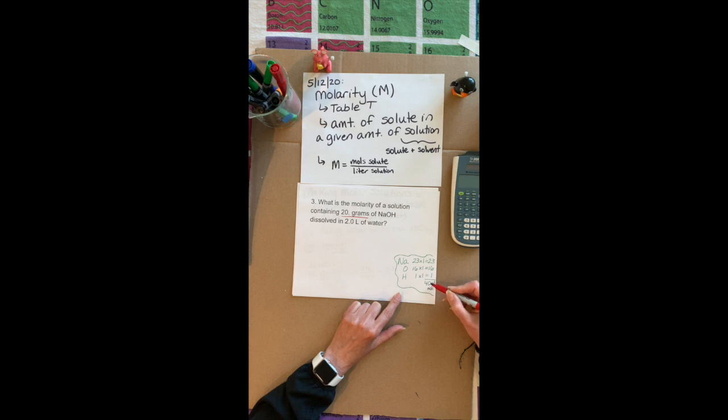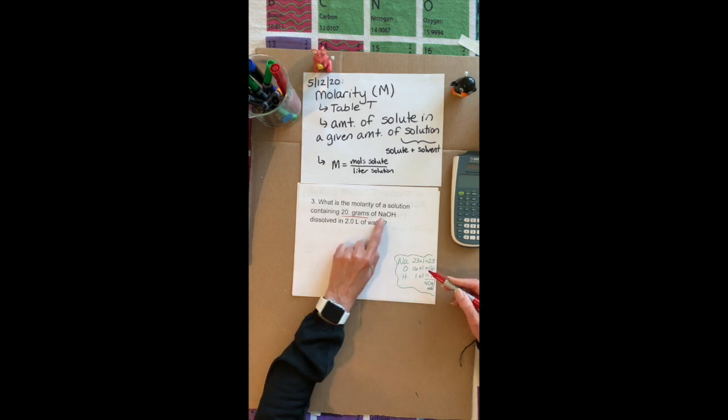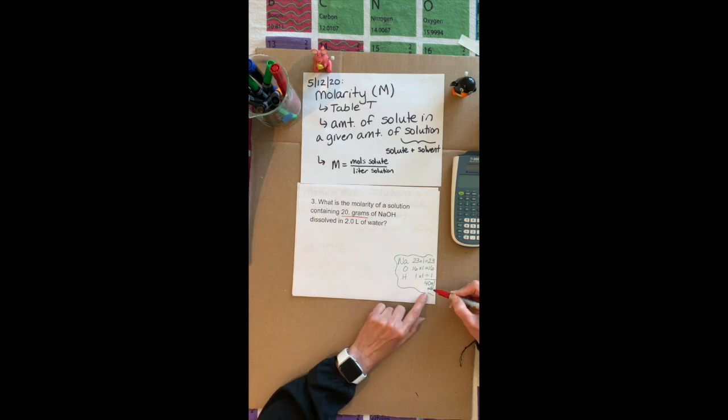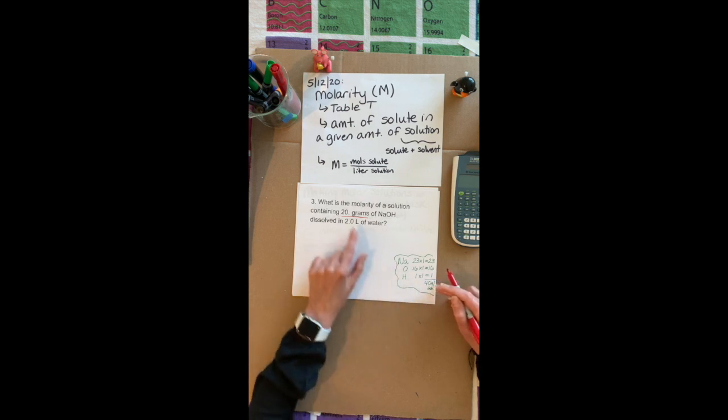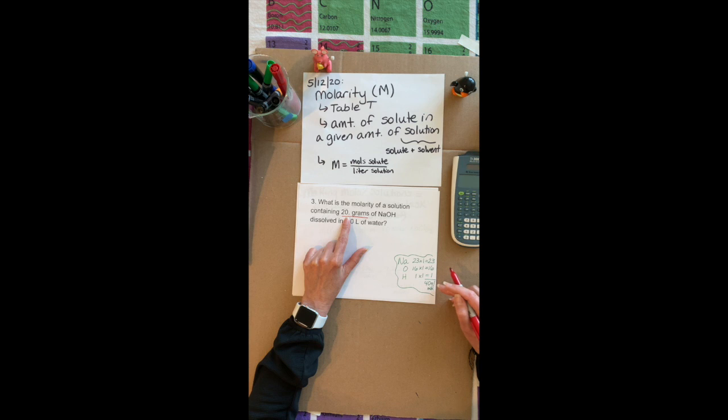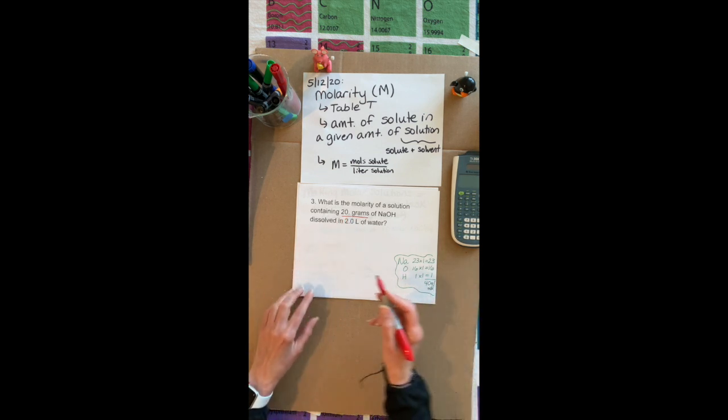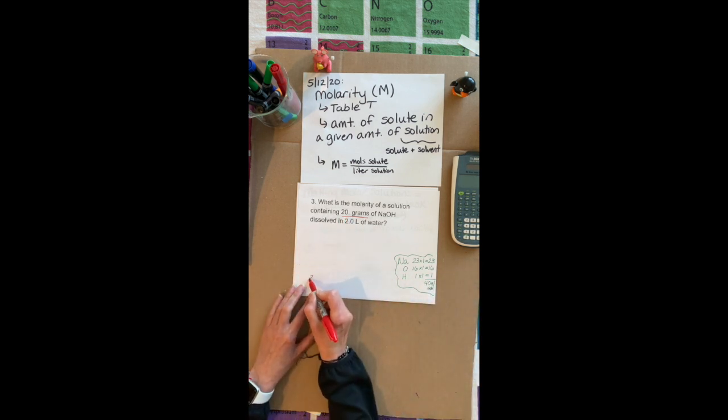We know that 40 grams of sodium hydroxide equals 1 mole of sodium hydroxide. Now, that's 1 mole is 40 grams, but we only have 20 grams. So let me just put this down here. 20 grams of NaOH.